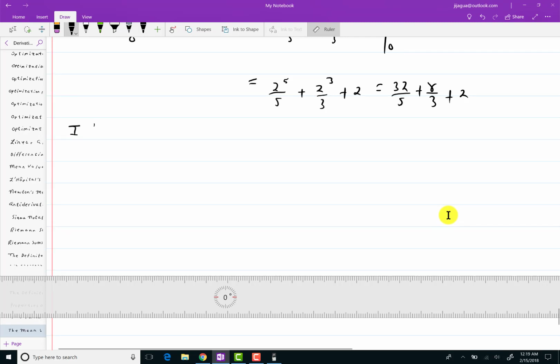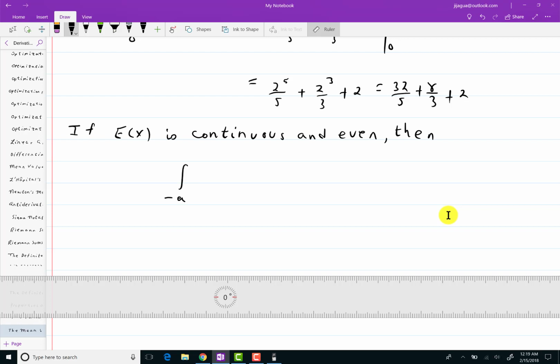If e of x is continuous and even, well, we already know that part, then the integral from negative a to a of e of x dx equals 2 times the integral from 0 to a of e of x dx.